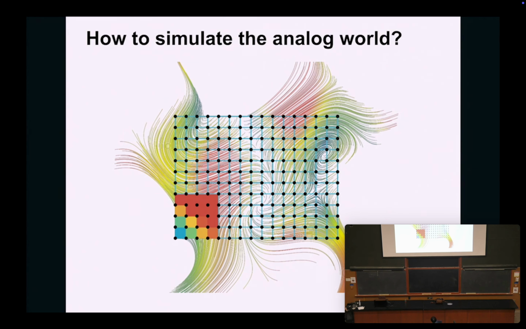Okay, so von Neumann pioneered this thing. We want to simulate the analog world, right? Unfortunately, computers can only do things discretely, so we're going to have to cut everything up into chunks.